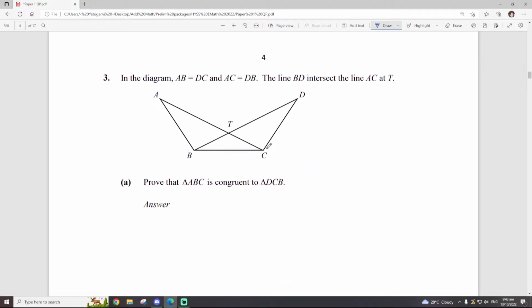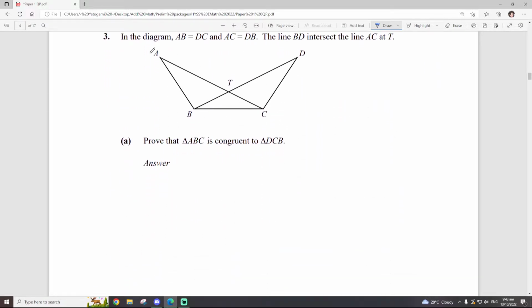Alright, question 3. We have this diagram. AB and DC are the same, and AC and DB are also the same. The lines BD and AC intersect at T. Prove that triangles ABC and DCB are congruent. Whenever you do congruence or similarity, just make sure that you label the corresponding sides correctly.